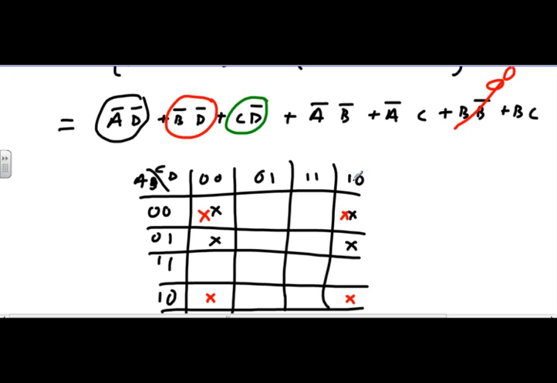C, D naught. Okay. A naught, B naught. Guess we won't do yellow. A naught, C. A naught, C.